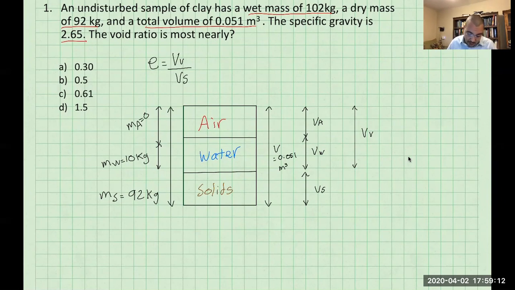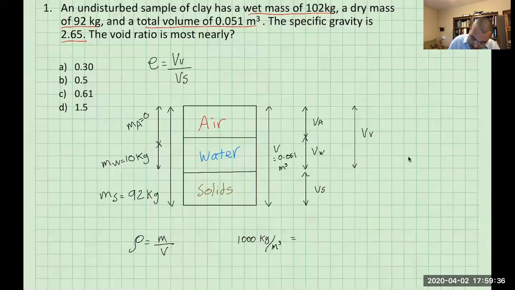So just by looking at the question, we have the mass of water, 10 kilograms. And we know that the density of water at standard temperature and pressure, density is equal to mass over volume, and this density is 1,000 kilograms per cubic meter.